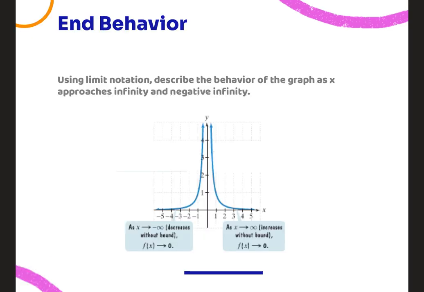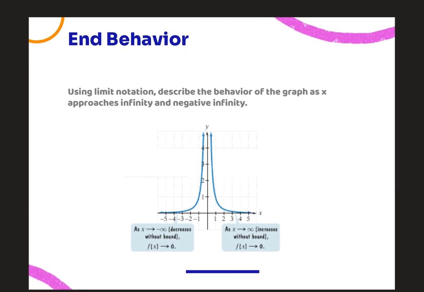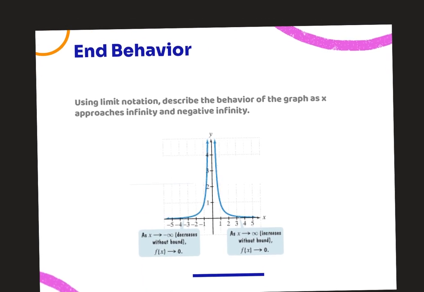All right, so the first thing is, let's talk about end behavior, okay? End behavior is describing the ends of your graph. So the left-hand behavior, the right-hand behavior, okay? We're going to use limit notation to describe it.